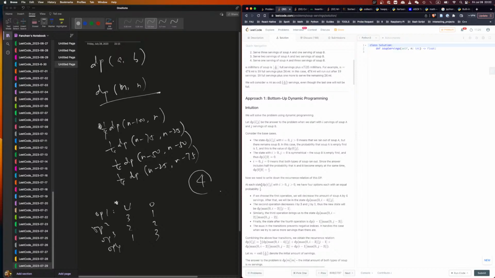At each state, we have 4 options, each with equal probability, yes. If we choose the first operation, we'll decrease the amount of soup A by 4 servings. After that, we'll be in the... That's correct. That's correct. That's correct.